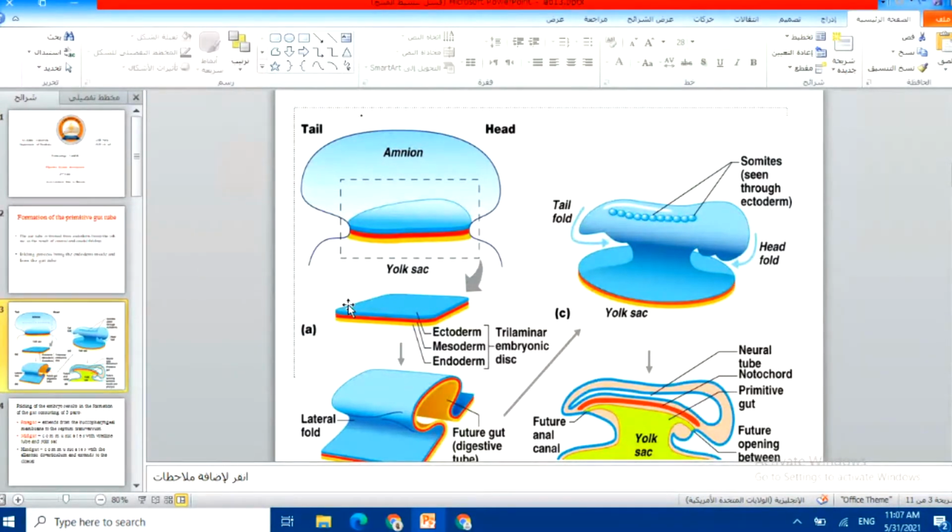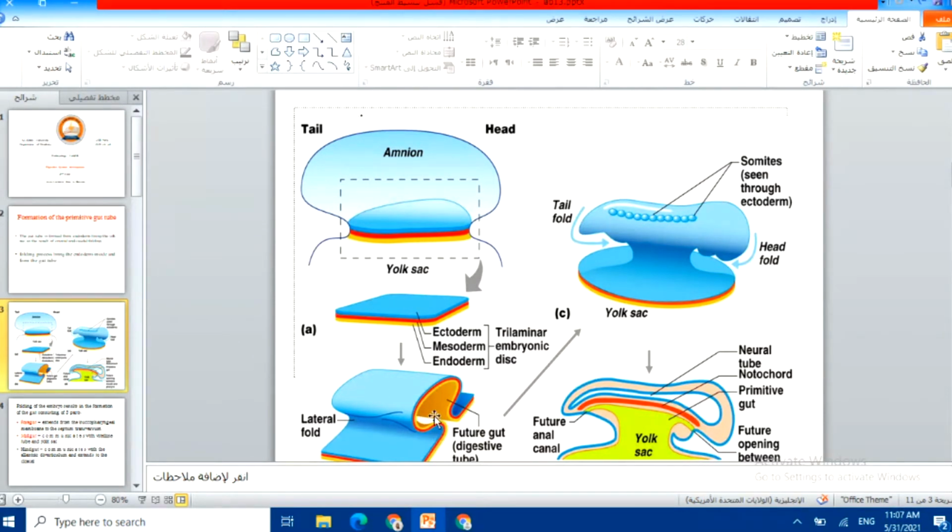Okay, so whenever the folding process starts, these 3 germ layers will undergo a folding process. So this endoderm will go inside and form a tube that we call the primitive gut tube.